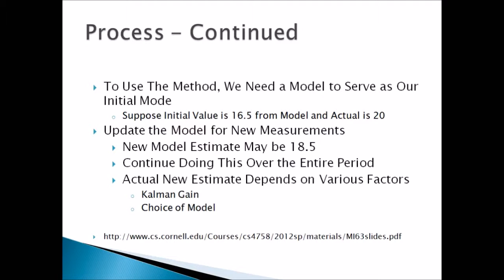And let's just say the actual value is 20 kilometers per second or something. Obviously the model is not going to be the same as our actual measurement when it comes in. So we take into account the new measurement and we update the model. Maybe the new estimate will come in at 18.5, just as an example.